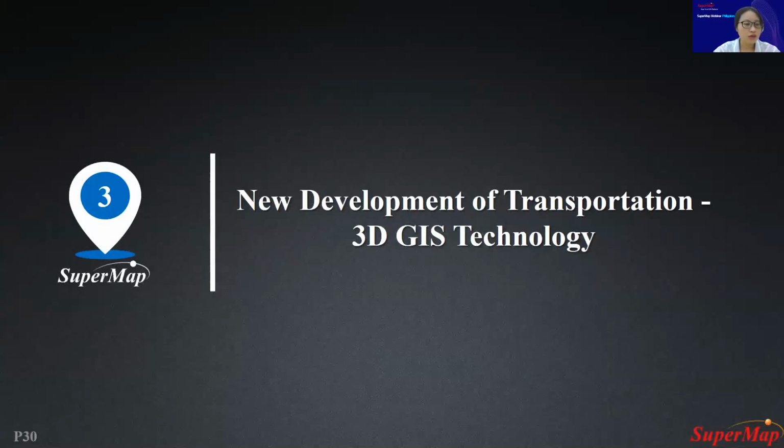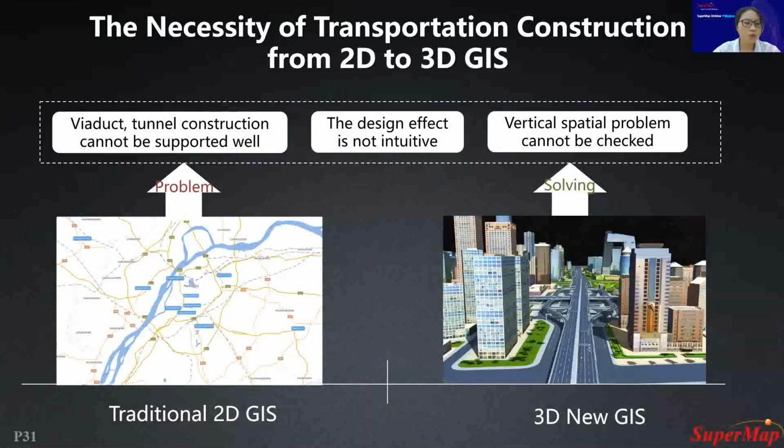Next we are going to talk about how to optimize transportation construction with 3D technology. Firstly, why do we need 3D technology? At present, many 3D entities have been formed in the main roads, bridges, tunnels, and culverts. Especially the main connecting lines and roads around the city are mostly complex overpasses.